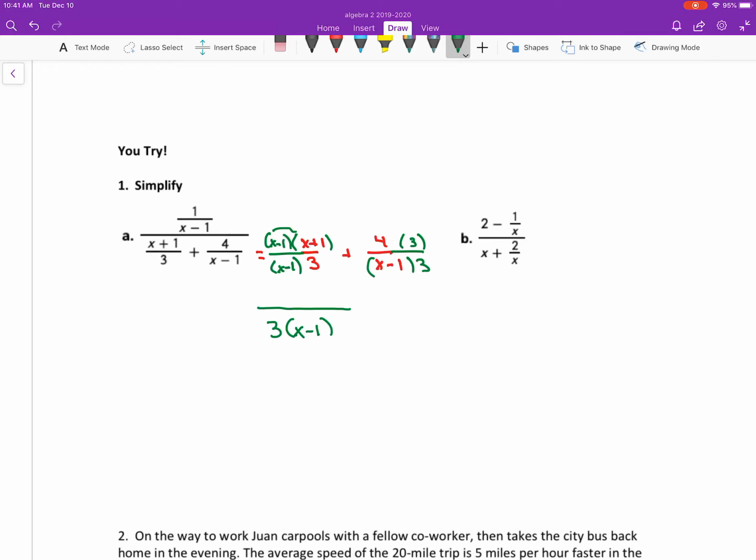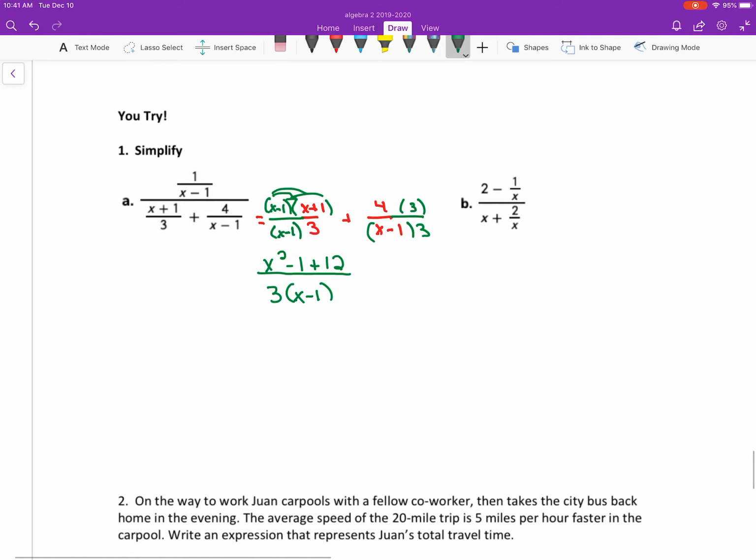In the numerator, if I FOIL, I actually have a difference of squares, so I end up with x squared minus 1 plus 12. So in my denominator, I now have a problem that looks like this.